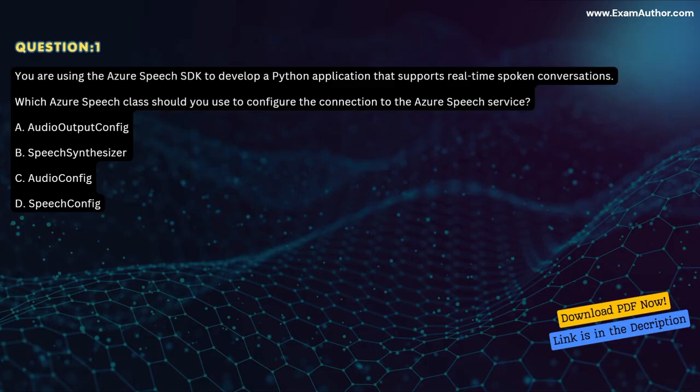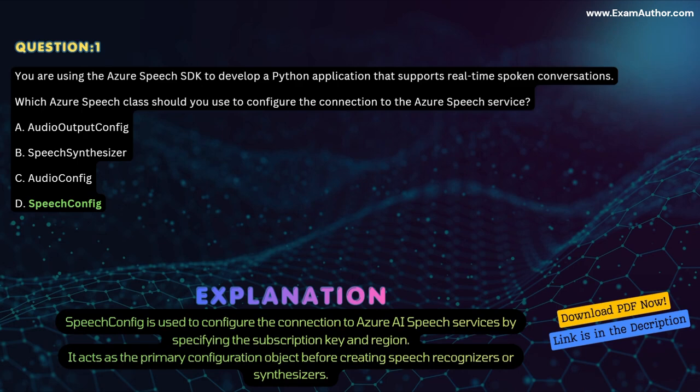D. Speech Config. Answer D. Speech Config. Explanation. Speech Config is used to configure the connection to Azure AI speech services by specifying the subscription key and region. It acts as the primary configuration object before creating speech recognizers or synthesizers.